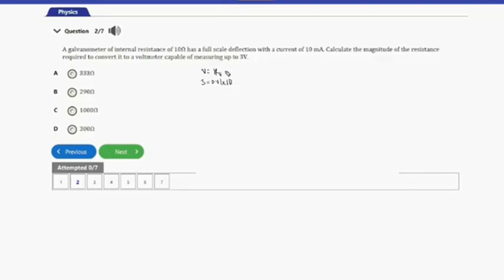Now this plus the IR for the external resistance, where I is still 0.01 times R, which is unknown. So in order to resolve this, R is going to be the 3 volts minus the product of these 10 ohms and 0.01 amps, which is 0.1.